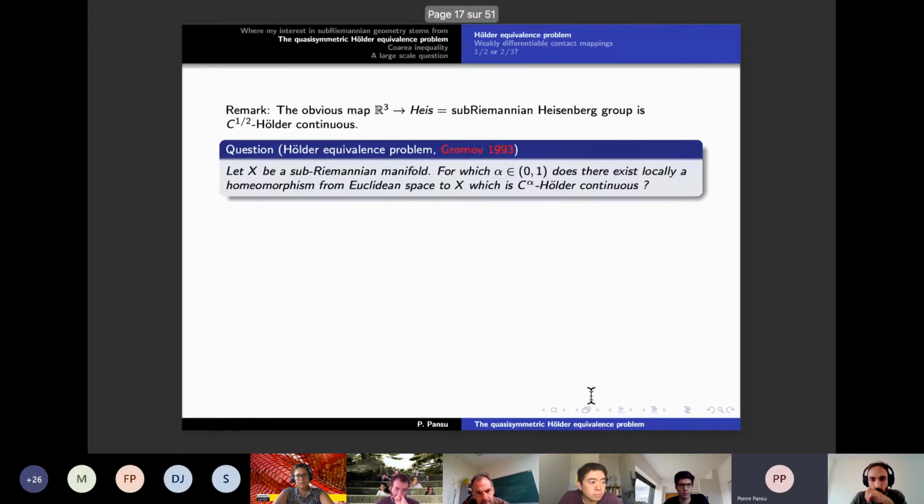This starts with Gromov's book on Carnot-Carathéodory metrics seen from within, some nearly 30 years ago, and where he sets the following problem, the Hölder equivalence problem. So there, he wonders, yes? I see there's a question.